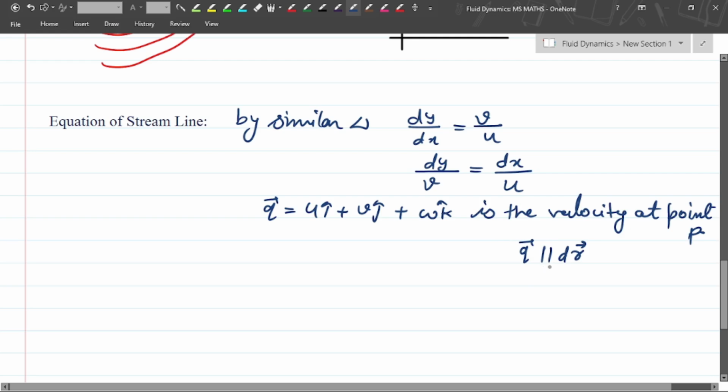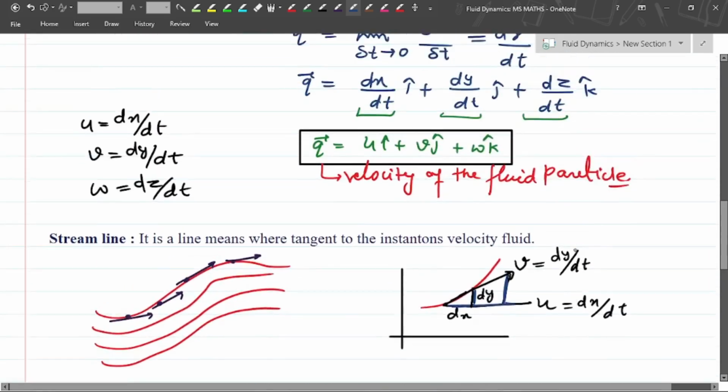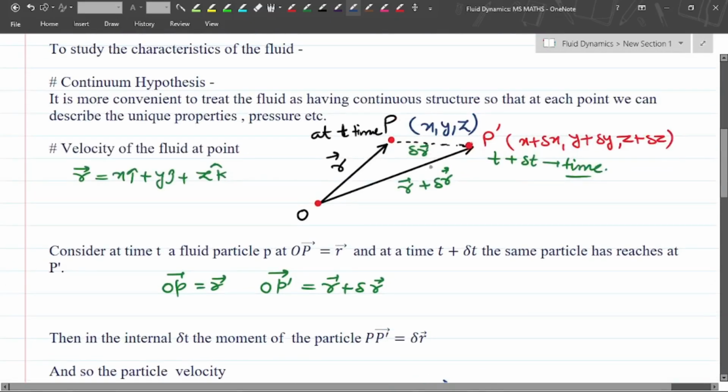Q vector is velocity; dr is the change in position vector. This is the dr, and this is also in the flow direction. Obviously both are parallel. The velocity is in the flow direction, and the direction of the flow is like this, toward the right hand side. So the velocity is obviously in that particular manner.